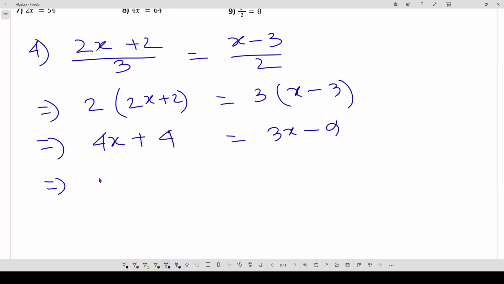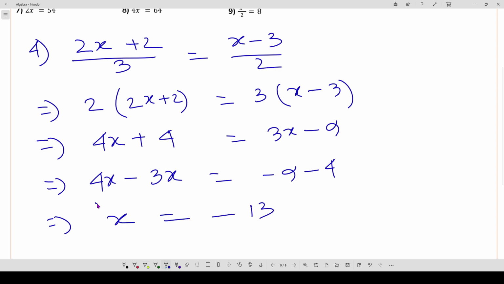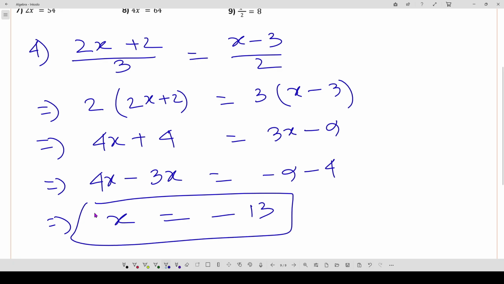Now 4x minus 3x equals minus 9, and this plus 4 becomes minus 4. So 4x minus 3x equals x, and here is minus 13. This is our answer.